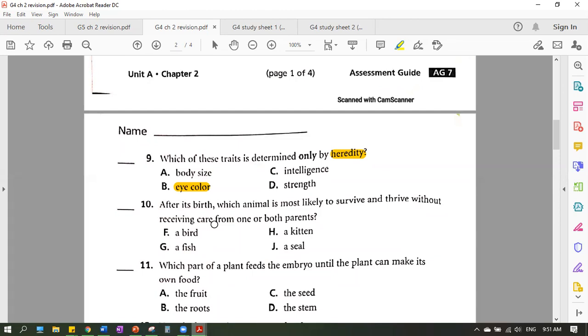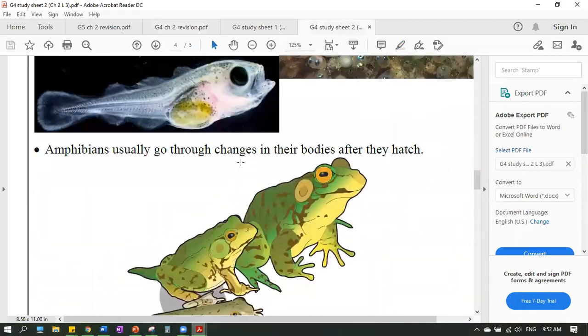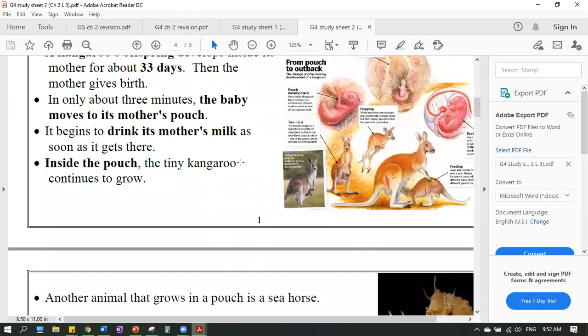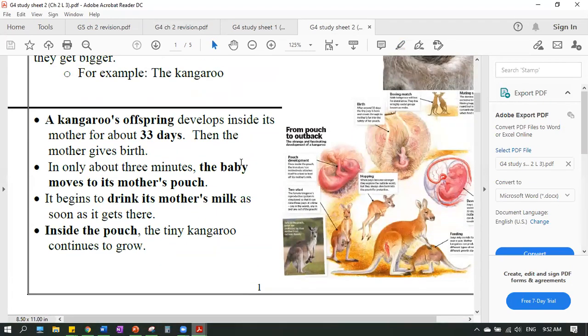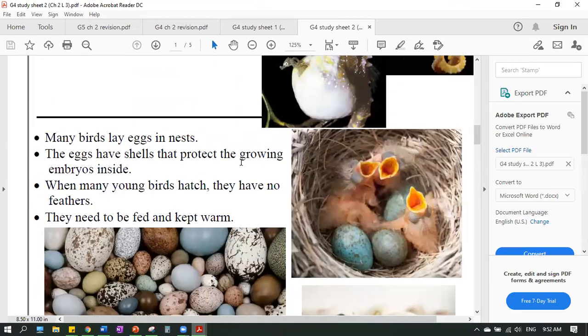Well, again, the question says it can survive and thrive without his parents. That's totally right. We learned in lesson 2 that most of the organisms that hatch or are born need their mother's care, whether to complete their growth, like in kangaroos or marsupials, those animals that grow their babies in a pouch, or in birds also.